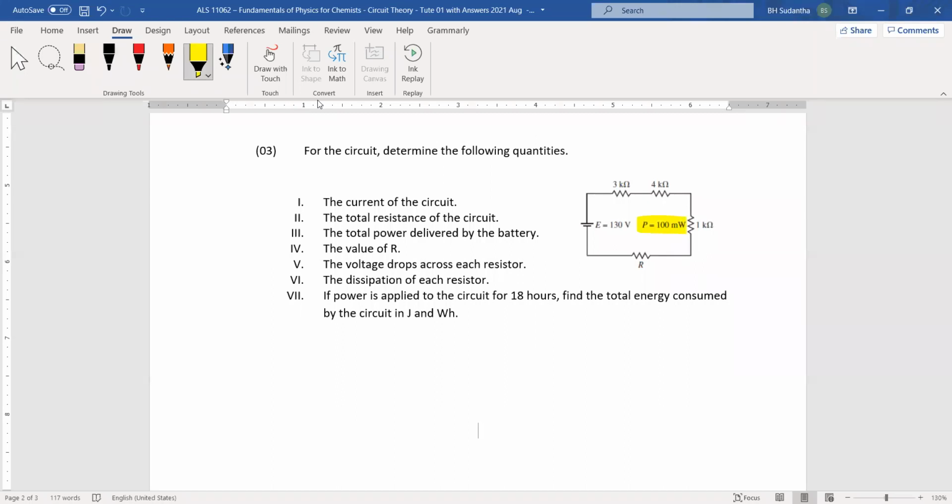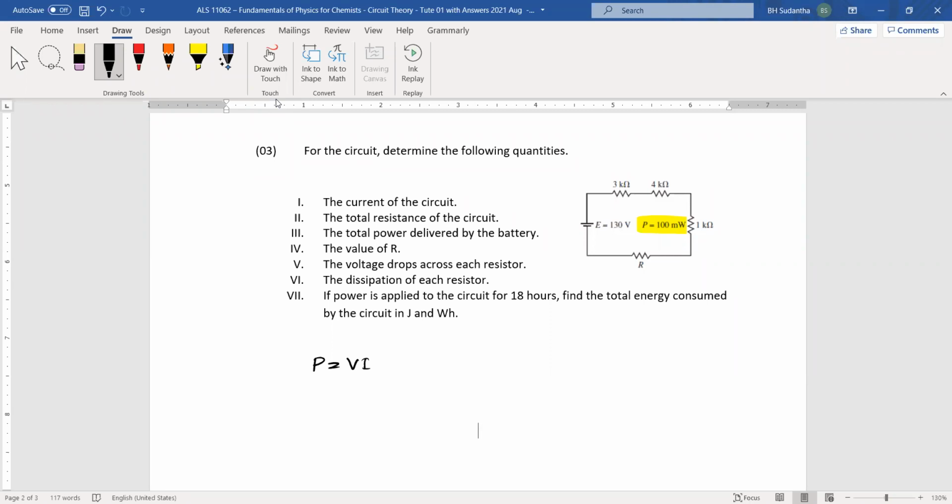It's a 100 milliwatt power in this 1K resistor itself. Then you know that P equals VI. But we don't know I.